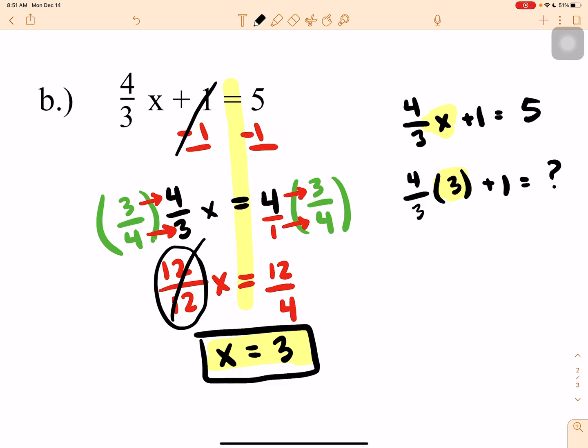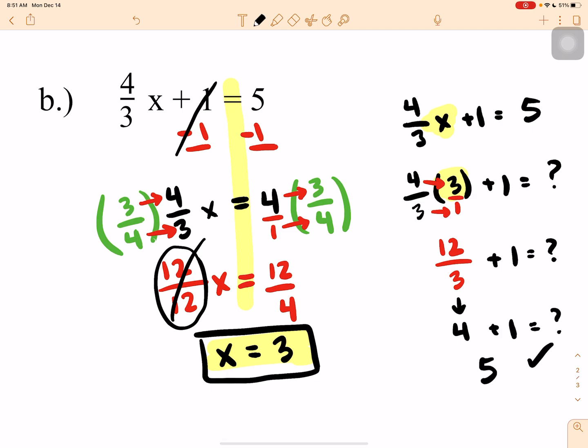I got to put my 3 over 1 here so that I can multiply these fractions. 4 times 3 is 12. 3 times 1 is 3. And then I have plus 1. 12 divided by 3 is 4 plus 1, 5. And it is 5 because that's what it had in the original equation. So that is how you guys can check your work there.